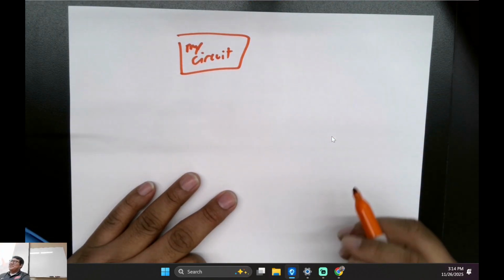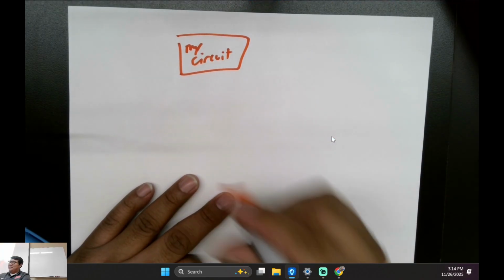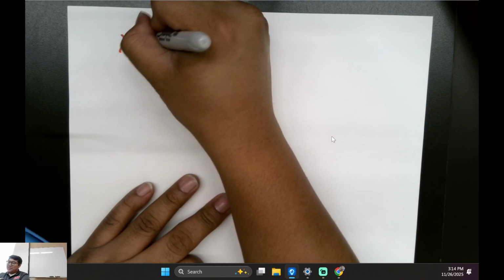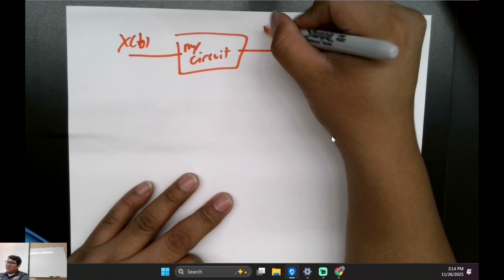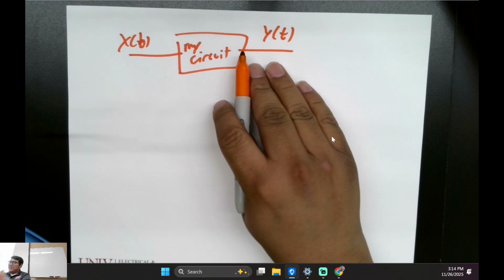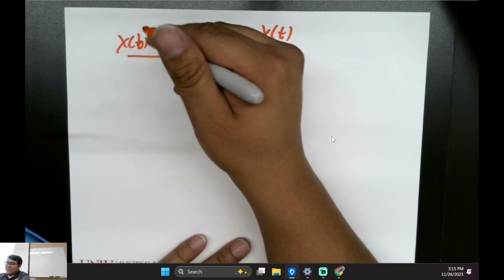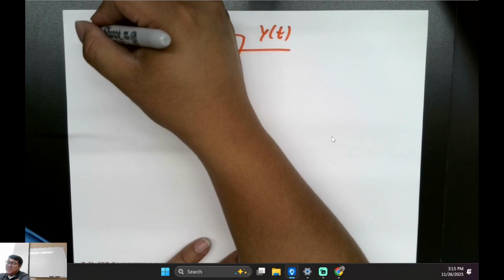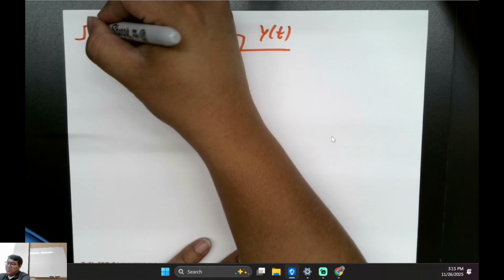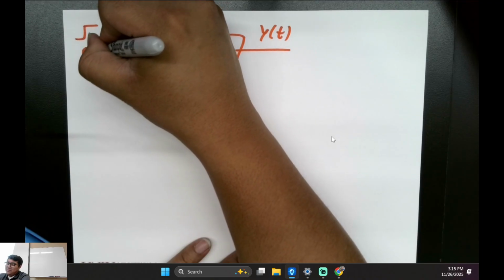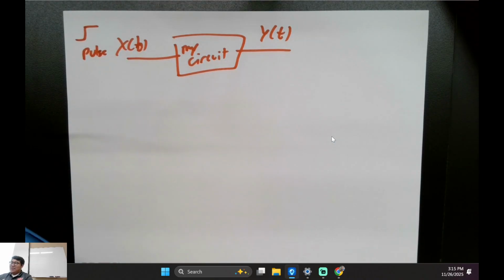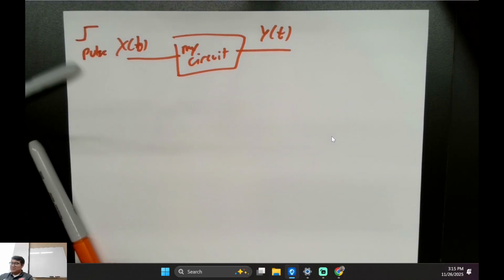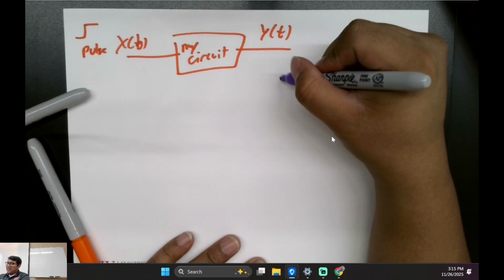Here's your circuit, your happy circuit. And here's your x of n, or x of t, and y of t. Let's just say I put some DC signal right here, like a pulse. What do I get out? I get out that same pulse.